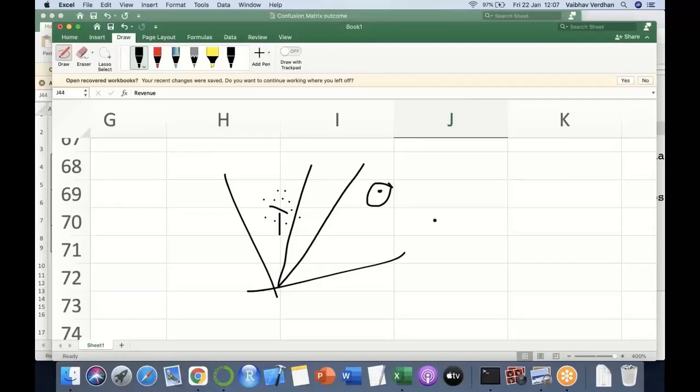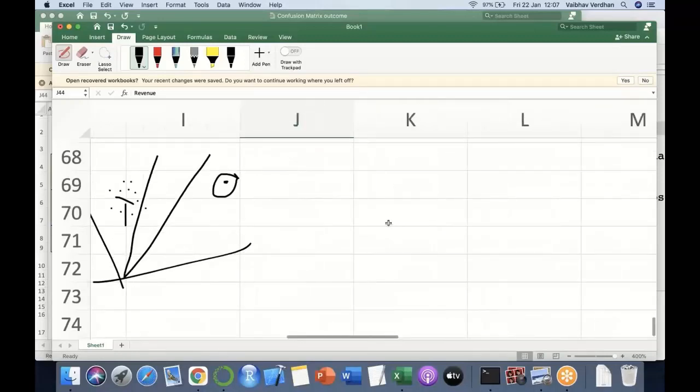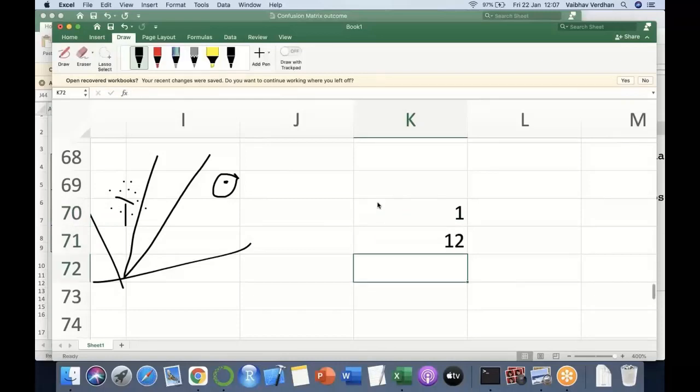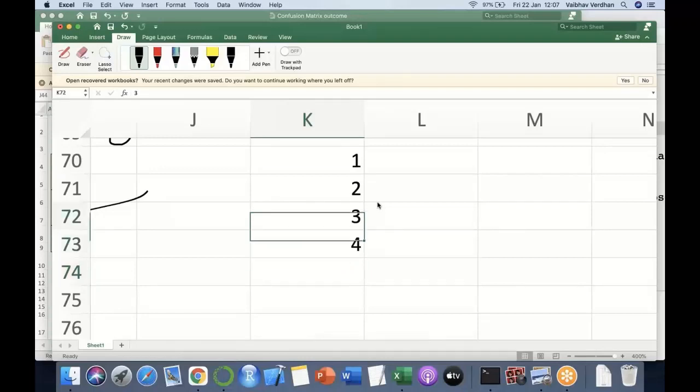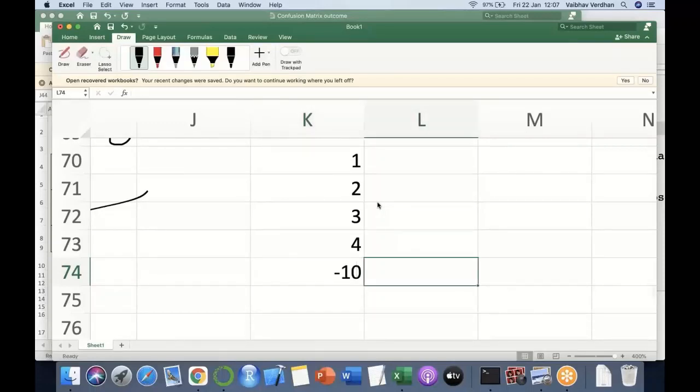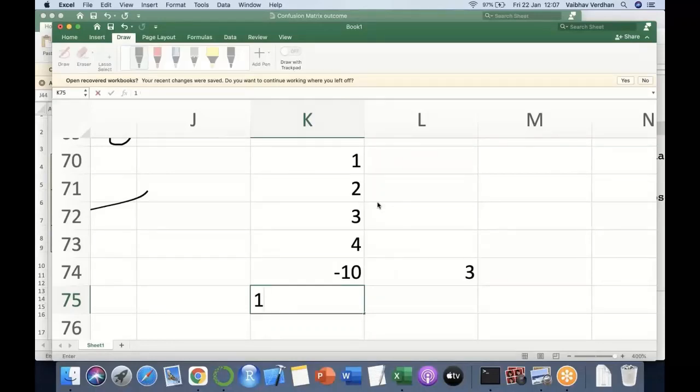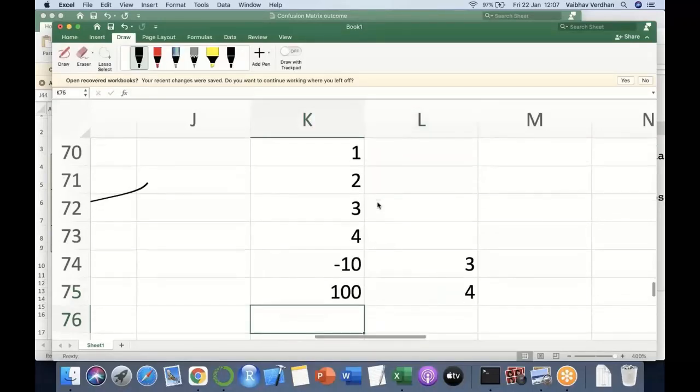What it means is, if your observations are, let's say, 1, 2, 3, 4, and your 75th percentile is 3, then if the value is coming to be -10, I would replace -10 with 3. Or if the value is coming as, let's say, 100, I would replace that with 4.